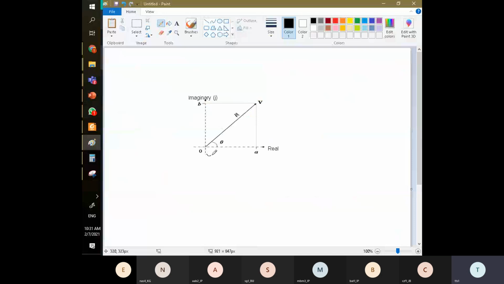The length here is a. A is on the real axis, so this is a real number, plus the imaginary number j. The distance for the j is b, so jb, right? Okay, and then the total length here is r.